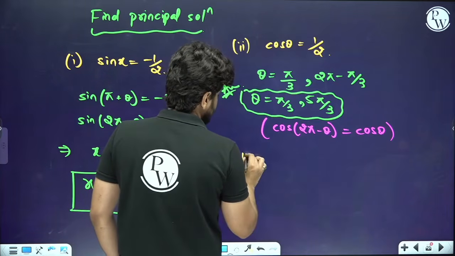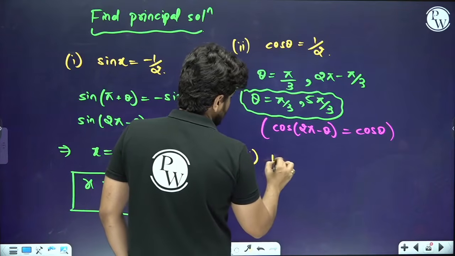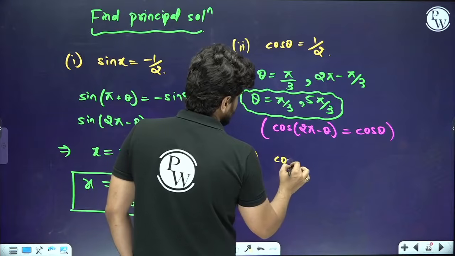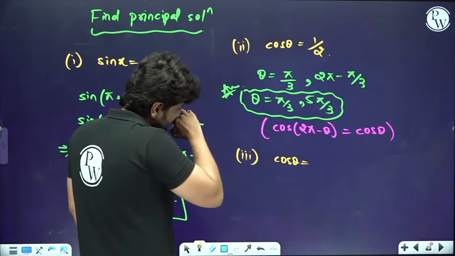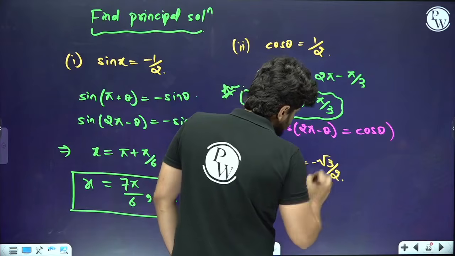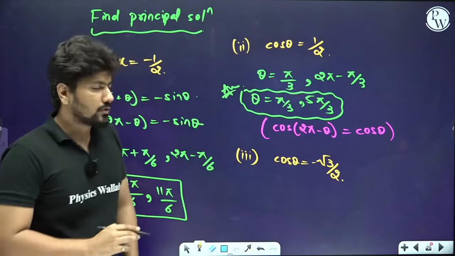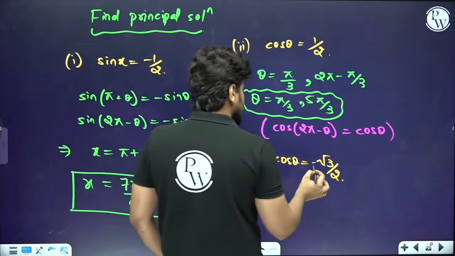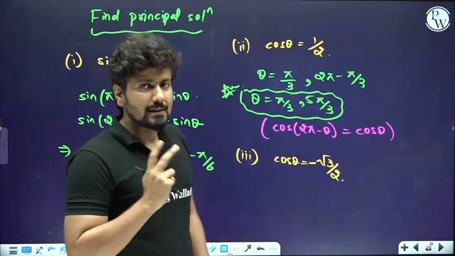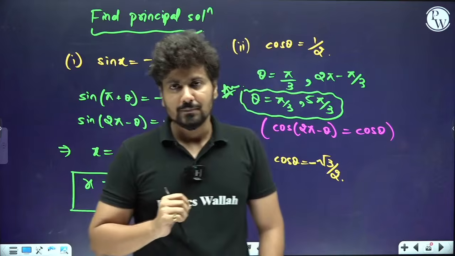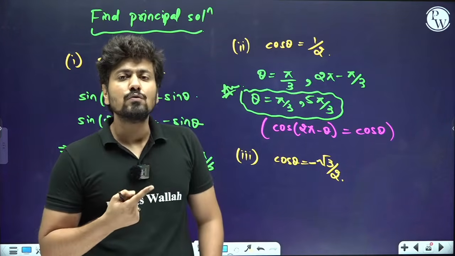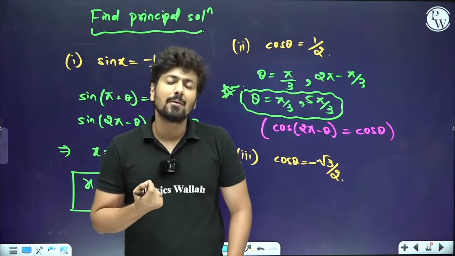Third example. Let's take another example of cos only. Cos theta is equal to a negative number, minus root 3 by 2. First of all, think about the quadrant. In which quadrant will cos theta give you negative values? In the second and in the third quadrant. We know that cos theta is equal to root 3 by 2 for theta equal to pi by 6.